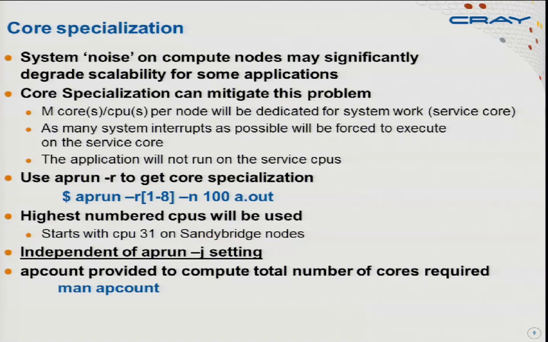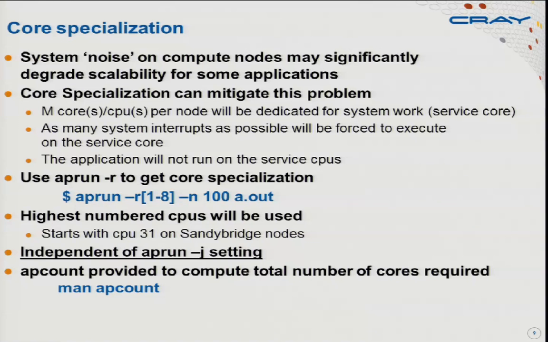As you got to 2, it would take half of your resources. 4, now it's a little bit less. Now we're up to 16 or 32, depending on how you count it. Really, it dedicates M cores or CPUs per node to system work. All of the system interrupts will go there, and in some cases, MPI work will go there. We'll see in a little bit.